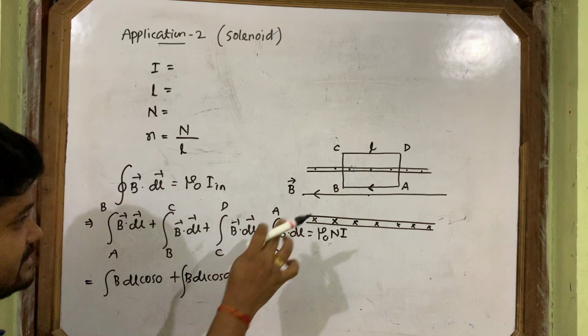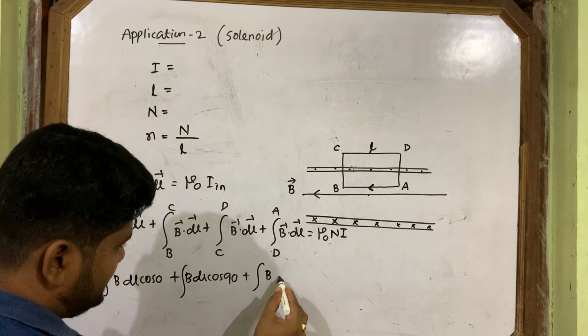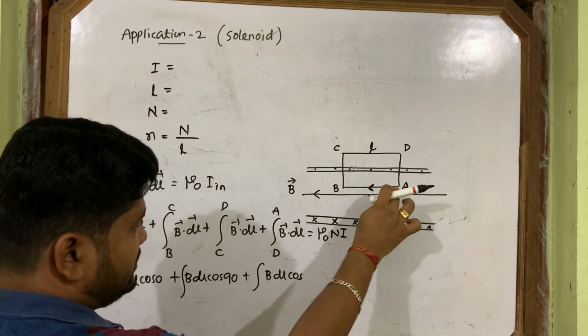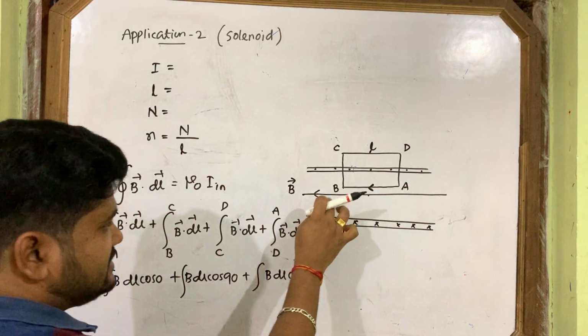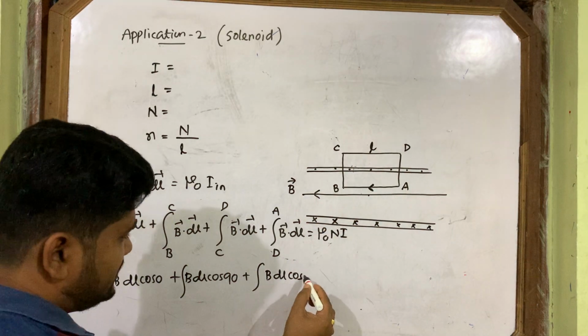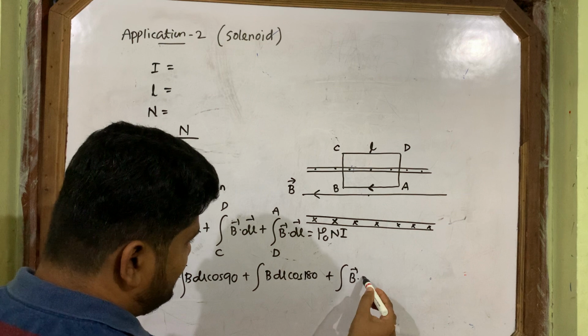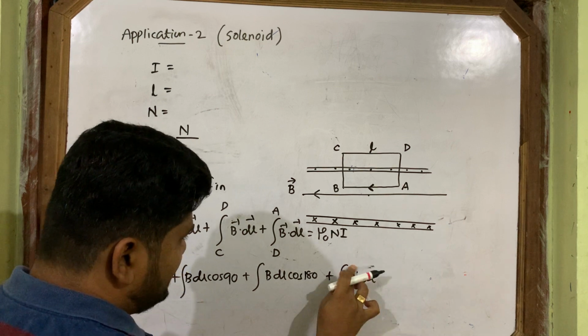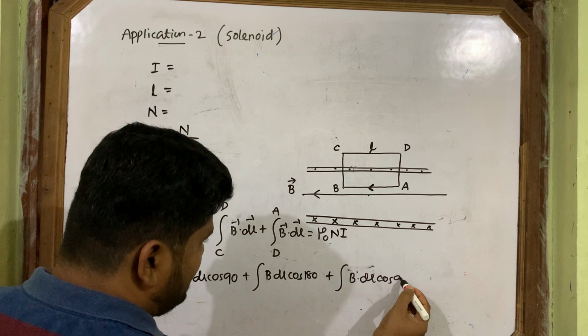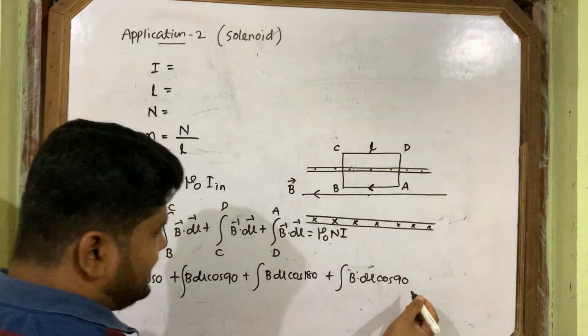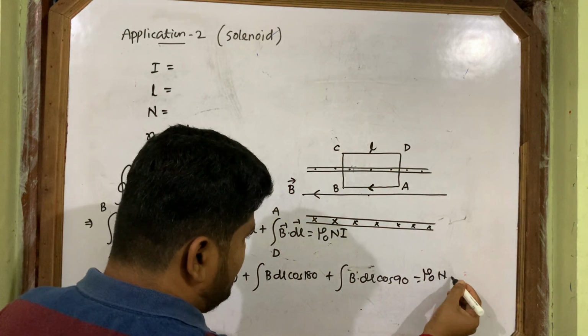And for C to D, B dl cos, here the magnetic field is in this direction, you are going from C to D, cos 180. And here B dl cos 90 again. For this one it's 90. Equals mu naught N I.